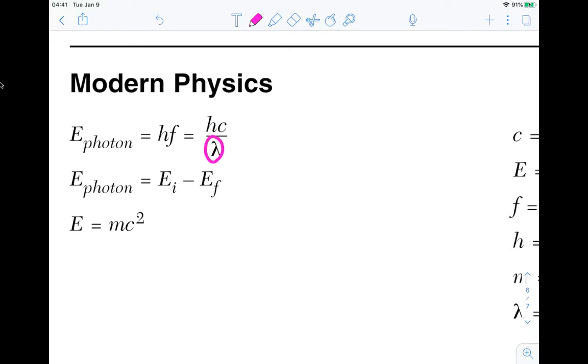We're looking for frequency, so we use this part, which means that we don't need the energy. All we need is the second and the third term. When you look at this equation, you should notice that on the left and right side, you have h in both terms. If you have the same variable on both sides, you should know from math that you're able to get rid of it, which means that your formula should just become f equals c over wavelength.